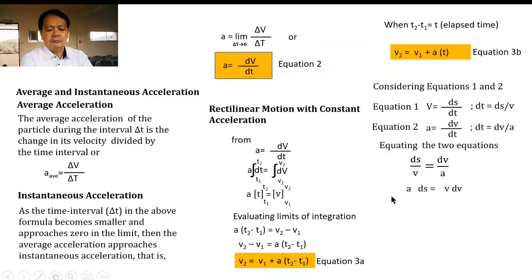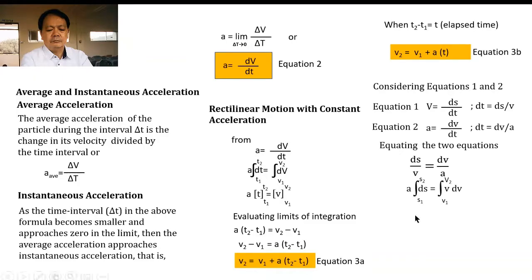And again, how are we going to simplify this? If we integrate both sides of the equation, with the left hand side having limits from s sub 1 to s sub 2, whereas the right hand side shall be evaluated with the limits from v sub 1 to v sub 2.